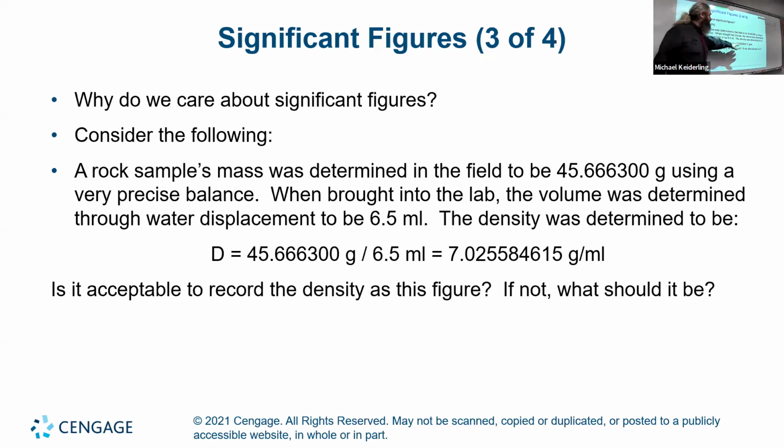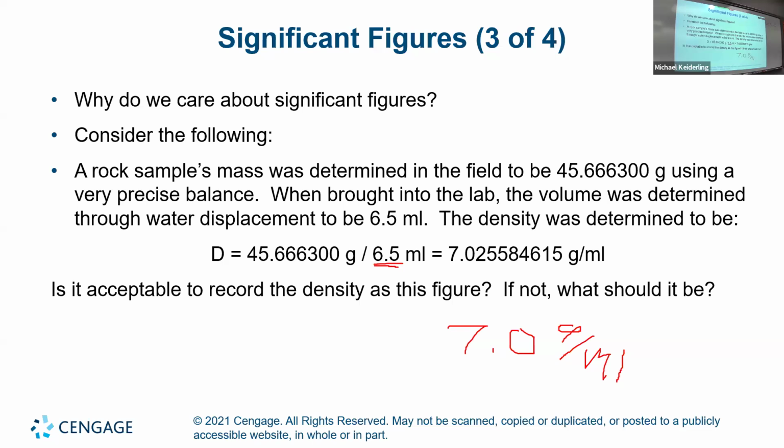So, do you think this is an acceptable way to record the density? Yes or no? No. This should be rounded down to the least number of significant figures in our input, which happens to be 2 from the 6.5. Yes, it would be 7.0. So 2 significant figures in 6.5 milliliters.